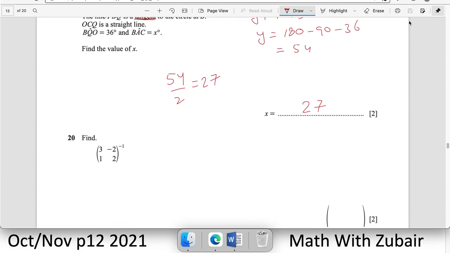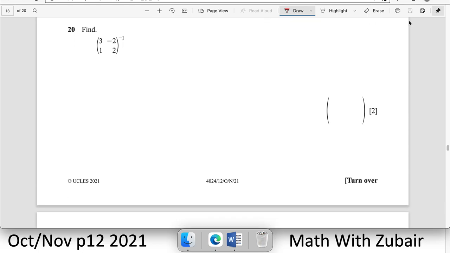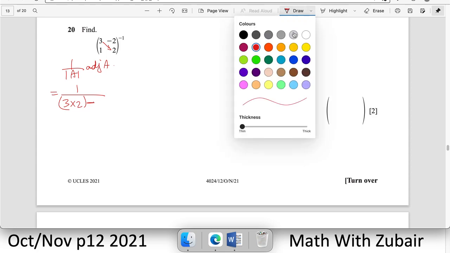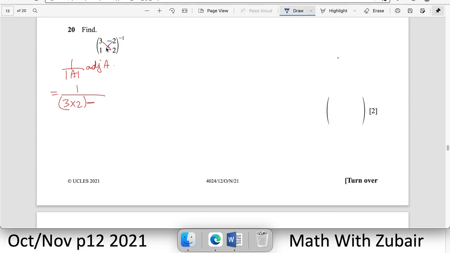Question number 20. Matrices. Finding the inverse. So the inverse of this matrix is, the formula is 1 over the determinant of this times the adjoint of this. So 1 over the determinant, which is 3 into 2 minus 2 into 1.